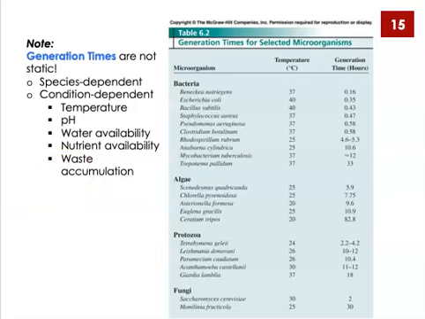Remember, inside a bacterial culture, it's sort of a closed system. And over time, all those bacterial cells, they're making waste materials and they're excreting them into the culture container. So all of that will impact how well they're able to divide and how long it takes that division to occur.